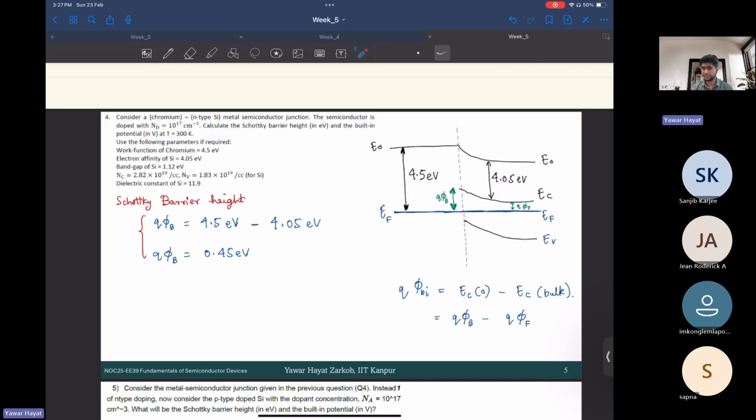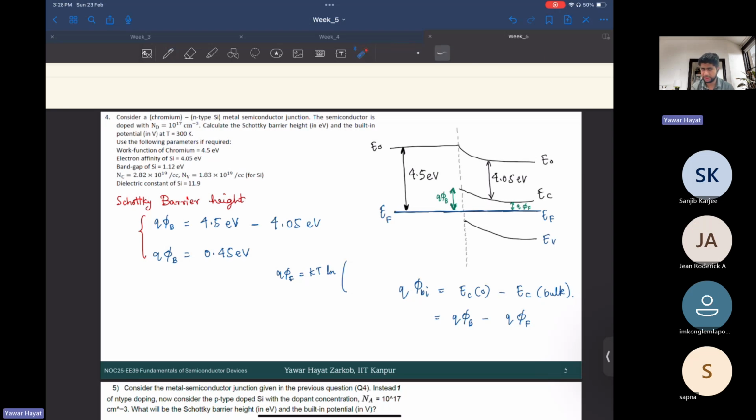How would you compute this qΦF? Your qΦF would be equal to kT ln of NC by ND.